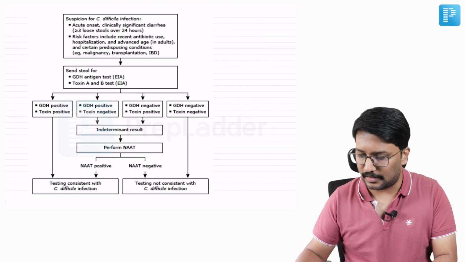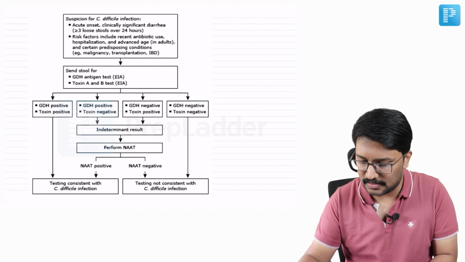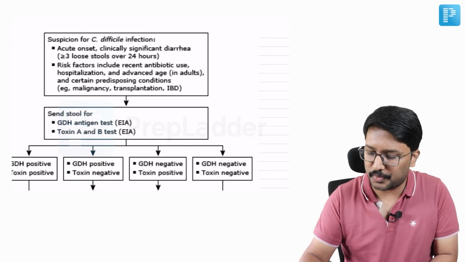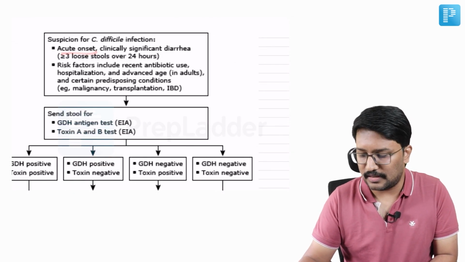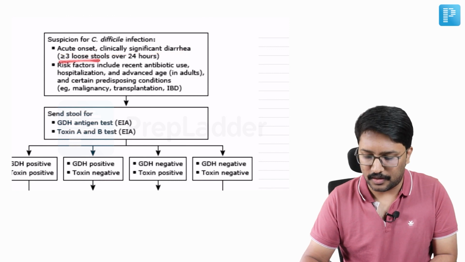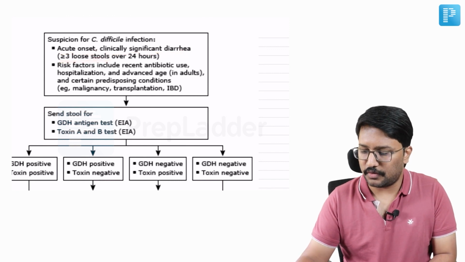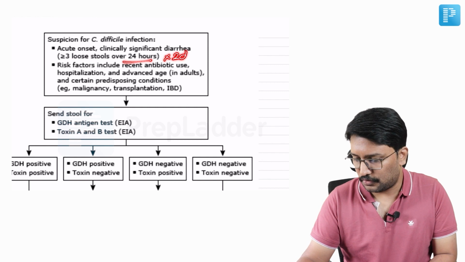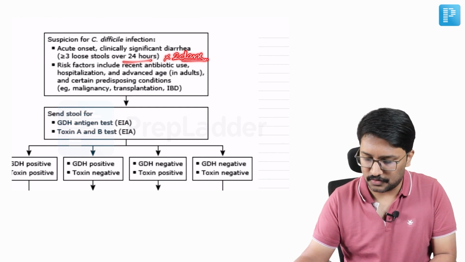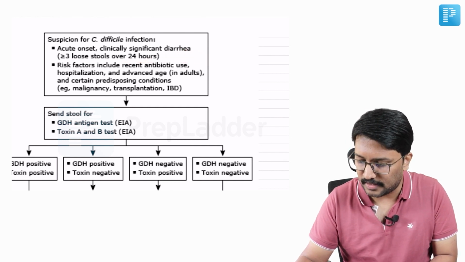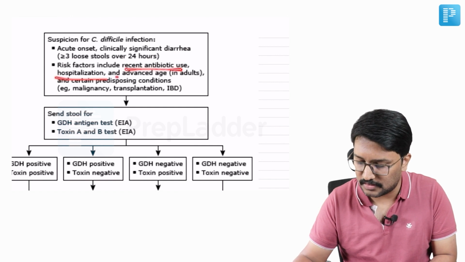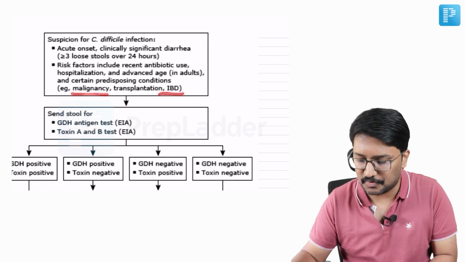Clear? So here is an algorithm that summarizes the things that I just spoke about. Patients who present with acute onset clinically significant diarrhea, 3 or more loose stools over 24 hours, Harrison says for 2 days at least, who also have risk factors like recent antibiotic use, hospitalization or advanced age, or predisposing conditions like malignancy, IBD or transplantation.